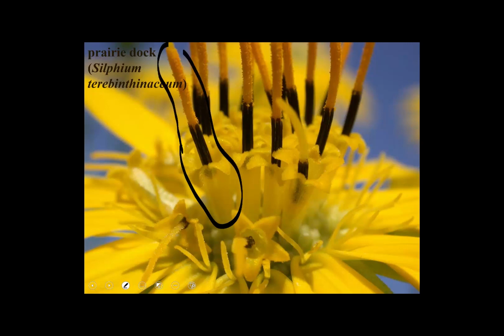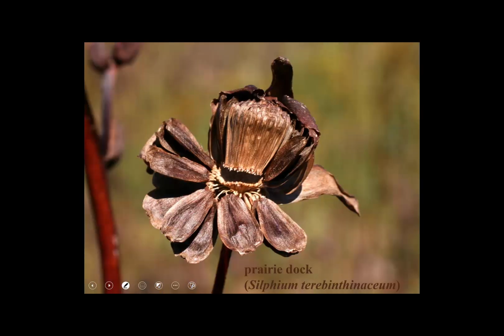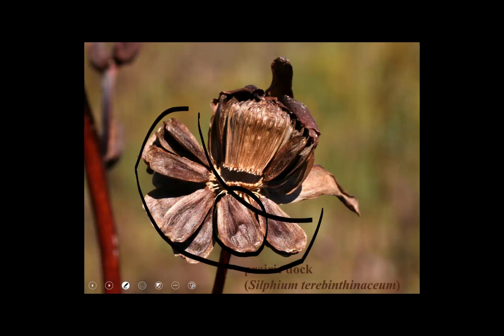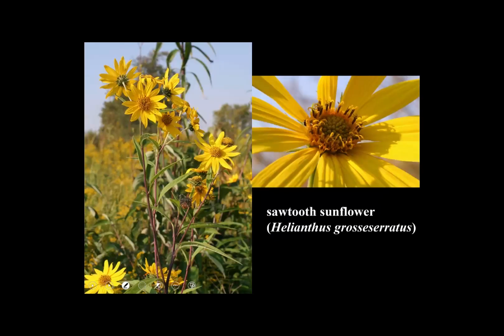They only produce stamens, and they have this column that presents the pollen. But there's no fruits from these disc flowers. The fruits in Silphium are from the ray flowers. So these fruits are only at the periphery of the flower because only the ray flowers produce the fruits. It's a Silphium thing. Here's a sunflower, the genus Helianthus, which means sunflower.